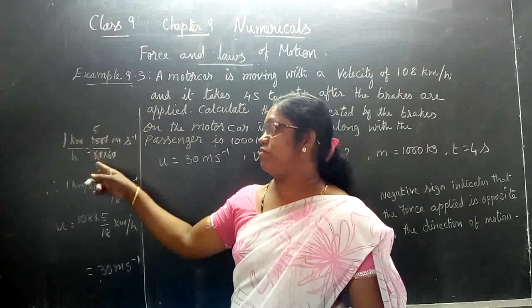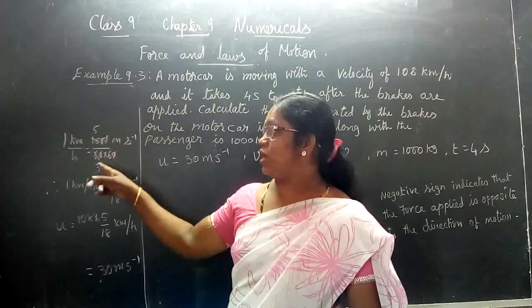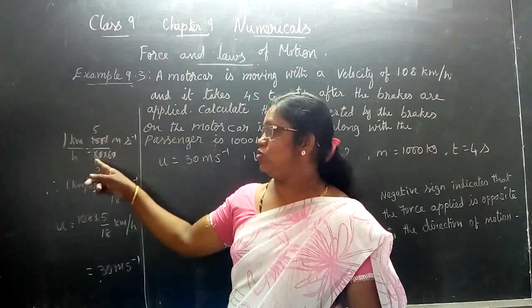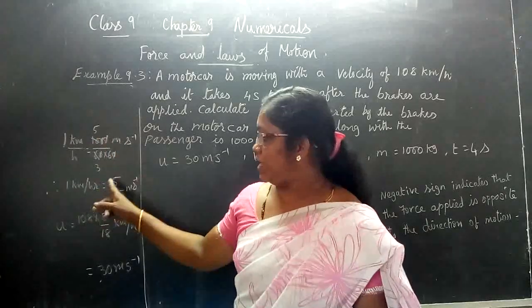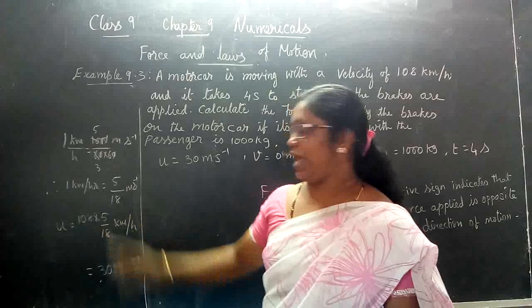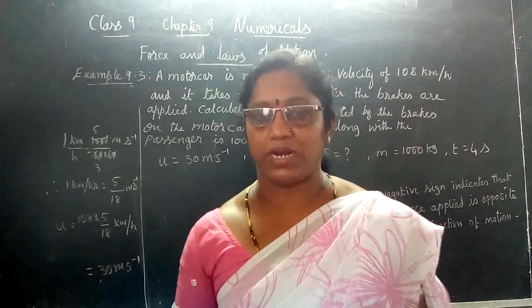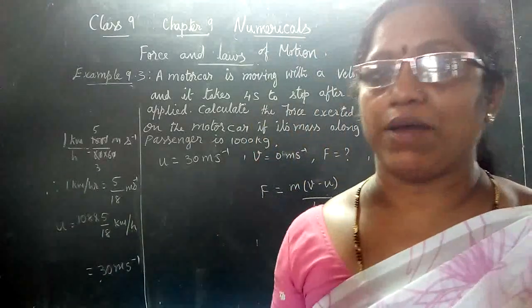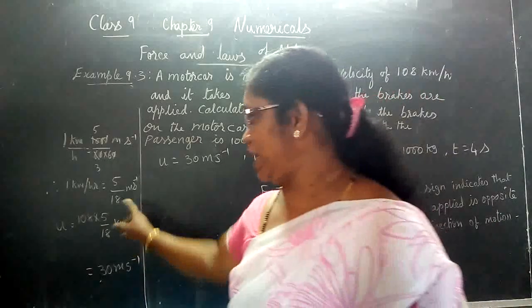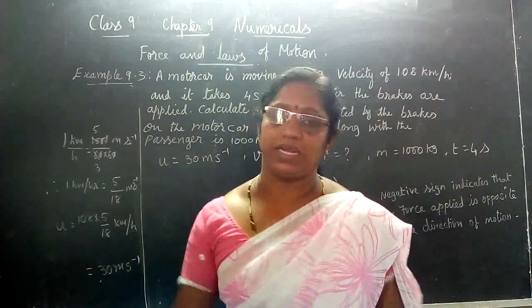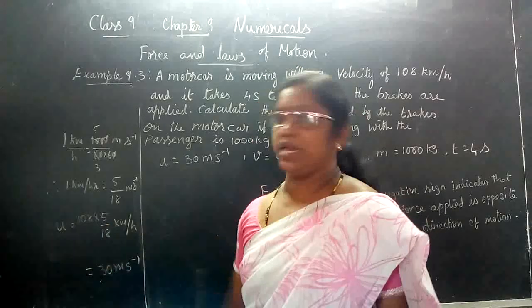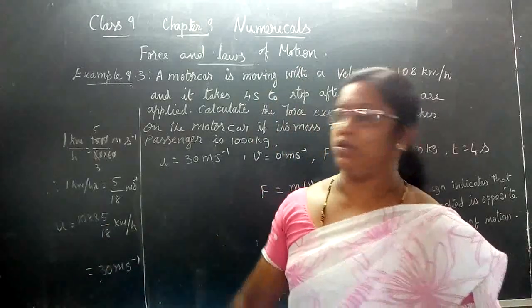When you simplify this, the zeros cancel. Here 2 3s are 6, 2 5s are 10, 5 divided by 6 3s are 18. Hence 1 kilometer per hour is equal to 5 by 18 meter per second. Suppose 1 kilometer per hour is 5 by 18, then what will be 108 kilometer per hour?